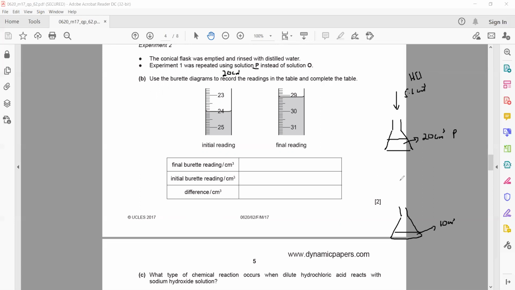So if for 20 cm cube of P I need 5.1 cm cube of HCl, then for 10 cm cube I need X; cross multiply, the answer will be 2.55. But I cannot write 2.55 cm cube because the smallest value which we can measure is to 1 decimal place. So you can write 2.5, that is acceptable, or if you round it off to 2.6, that is also acceptable. So either 2.5 or 2.6.